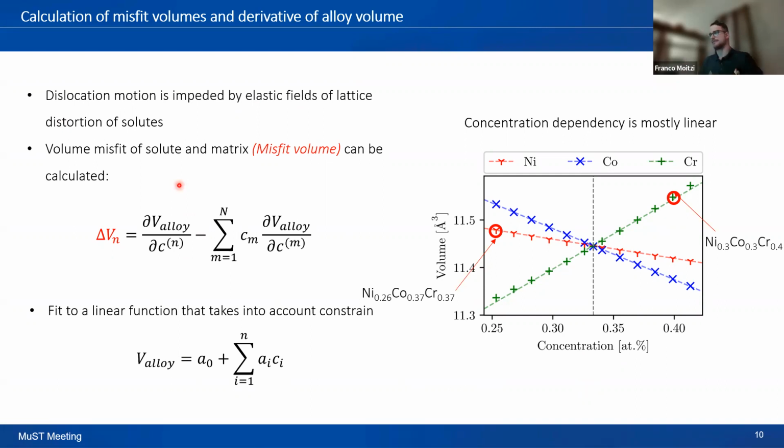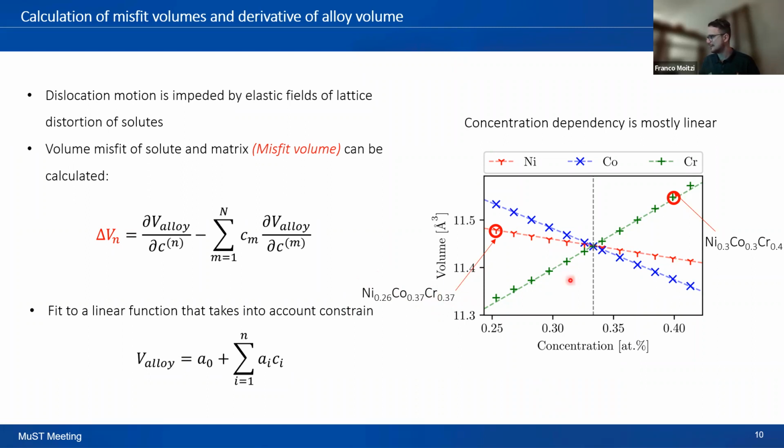considering the dependency of the equilibrium volume on the variation of each component's concentration in an alloy. The easiest way to actually calculate that is to always fix the ratio between the rest of the elements, and just change one component here.